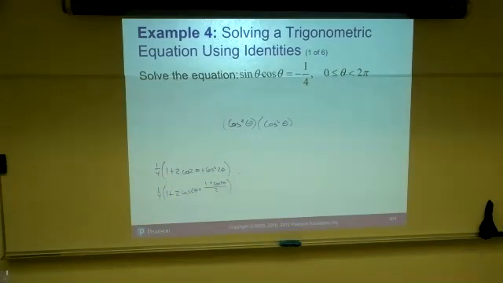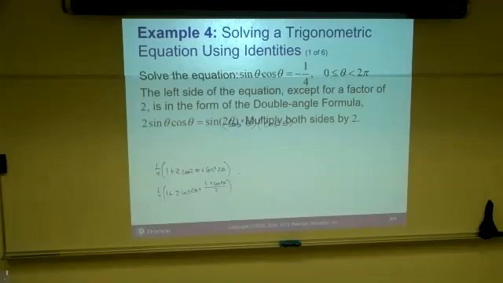I solved that. The left side of the equation, except for the factor of 2, is the double angle formula.